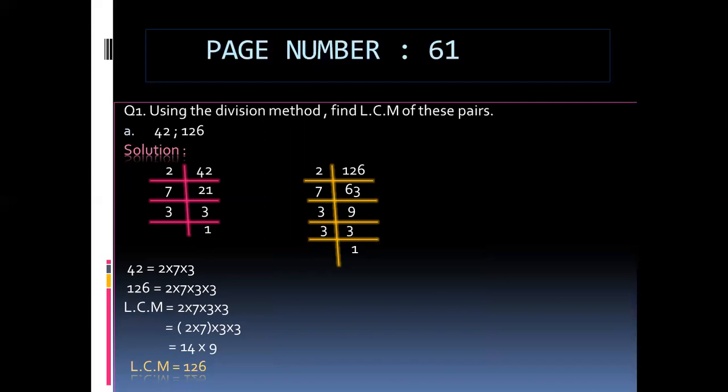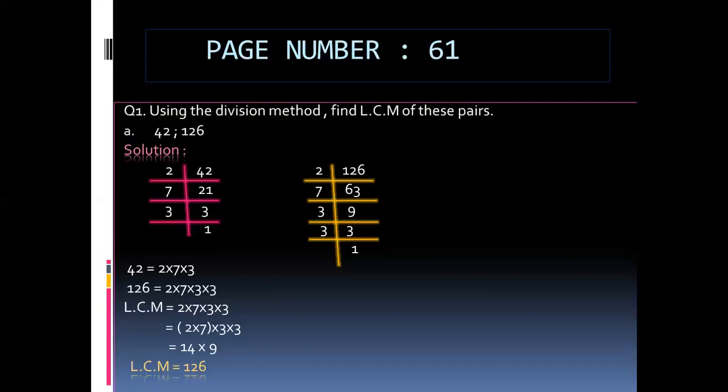LCM is, now which numbers are common in 42 and 126? 2, 7 and 3 are common, so we write them only once. Only in 126, 3 is uncommon.